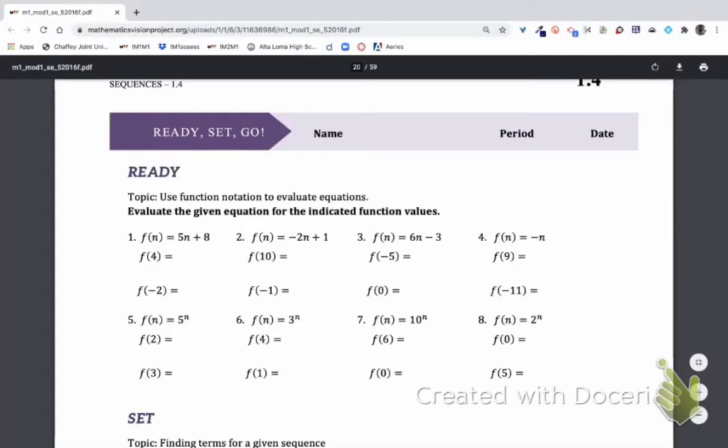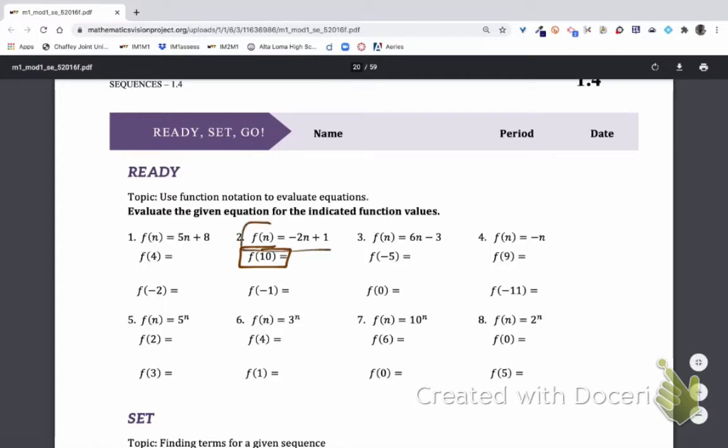For lesson 1.4, we're going to be getting deeper into functions and recursive and explicit equations. For number 2, what this is saying is when the input is 10, we need to find the output.